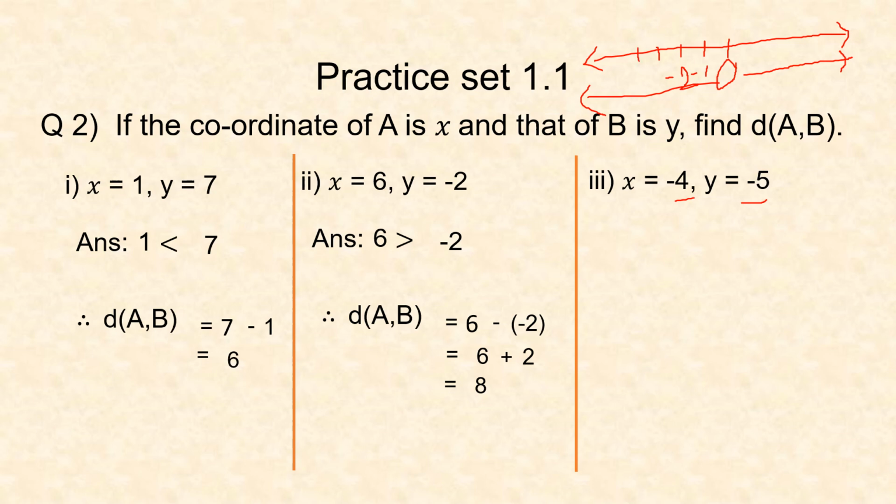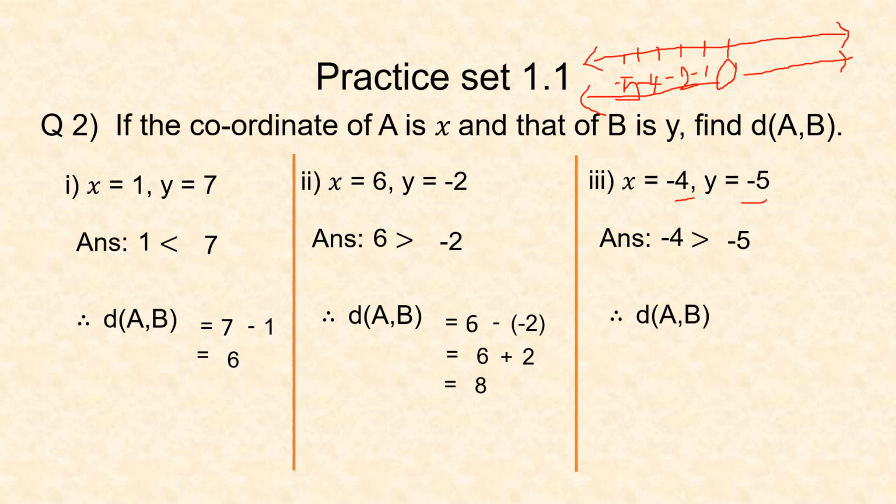Minus 4. Here we write minus 4. And this is minus 5. Minus 5 is on the left hand side of the minus 4. Therefore, minus 5 is smaller than minus 4. Minus 4 is greater than minus 5 and minus 5 is smaller than minus 4.